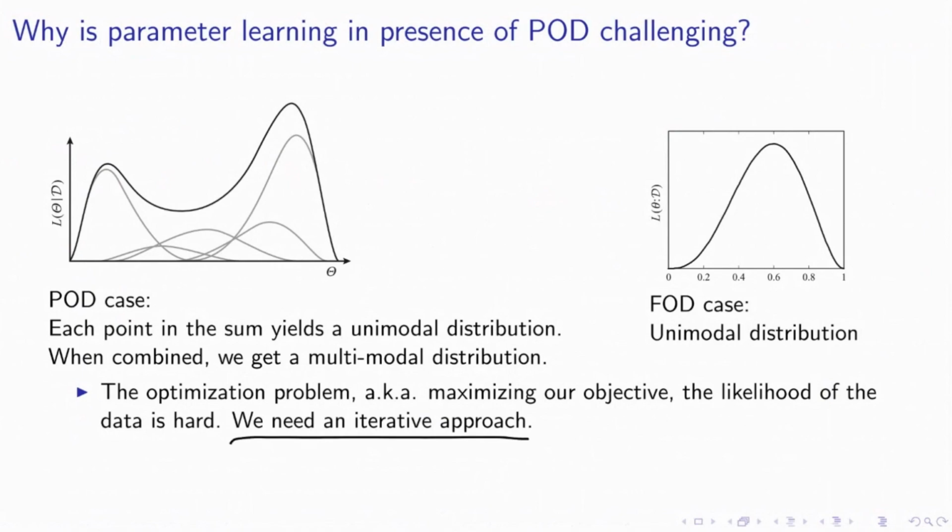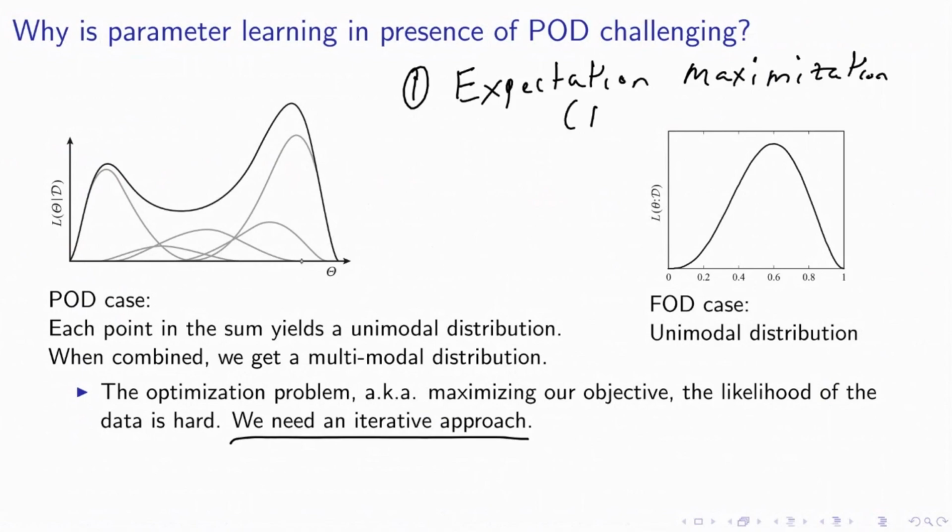Specifically, we are going to look at two classes of algorithms. The first class of algorithm is called the expectation maximization algorithm, also known as the EM algorithm, where E stands for expectation and M stands for maximization.